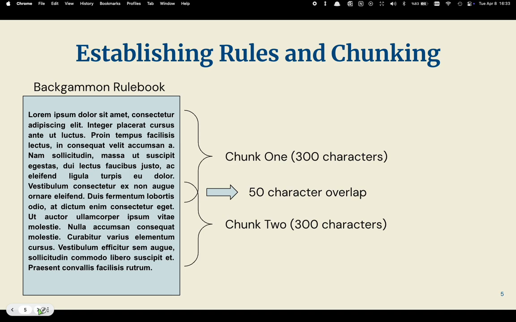What this overlap essentially does is maintain context between chunks so that when we feed these chunks into the AI system, there aren't any floating chunks that appear out of place, and it helps the AI to contextualize its answers based on the chunks.